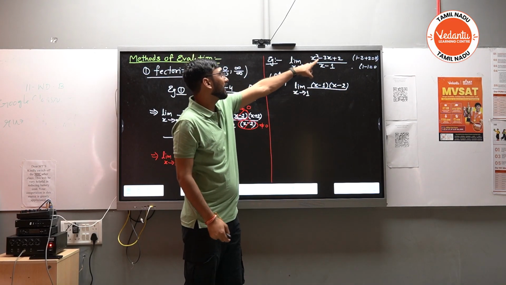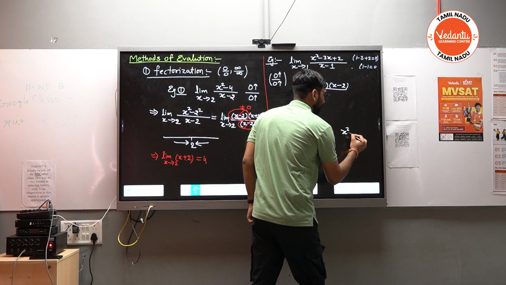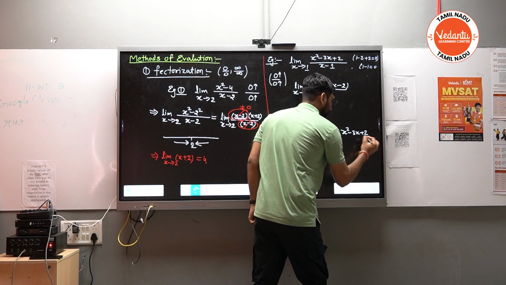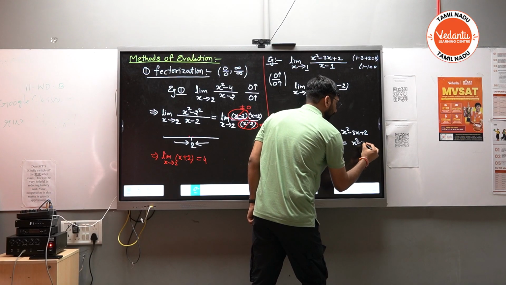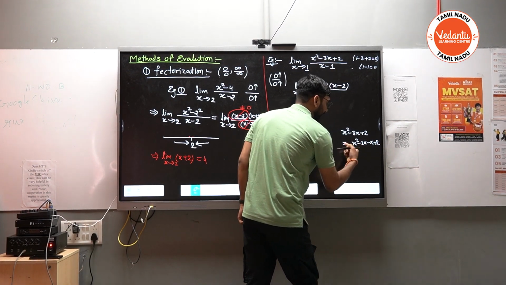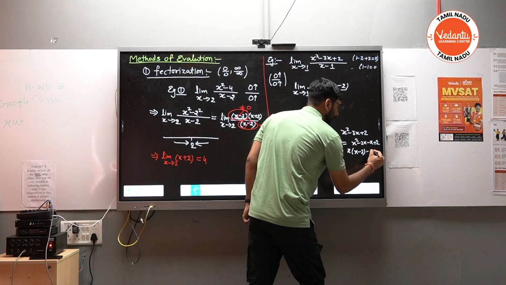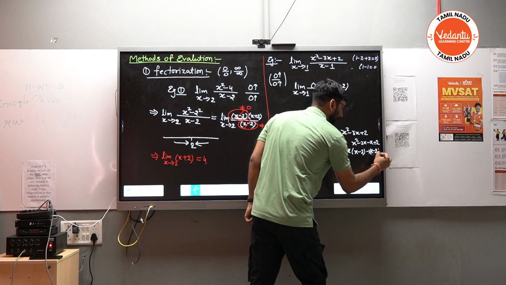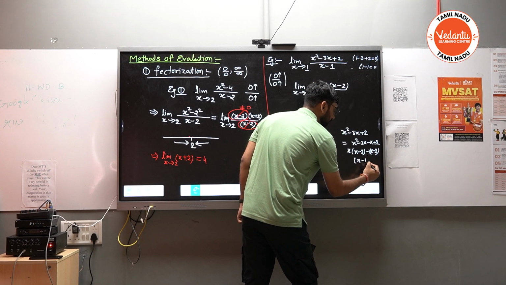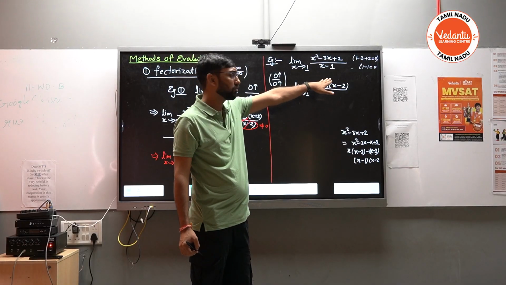We can write x square minus 3x plus 2 as x square minus 2x minus x plus 2. Now take x common, I get x minus 2, and from the other terms I can take minus 1 common, so x minus 2 again. So this becomes x minus 1 and x minus 2.